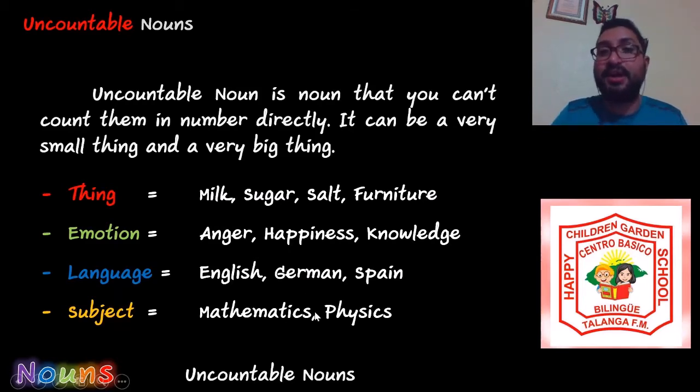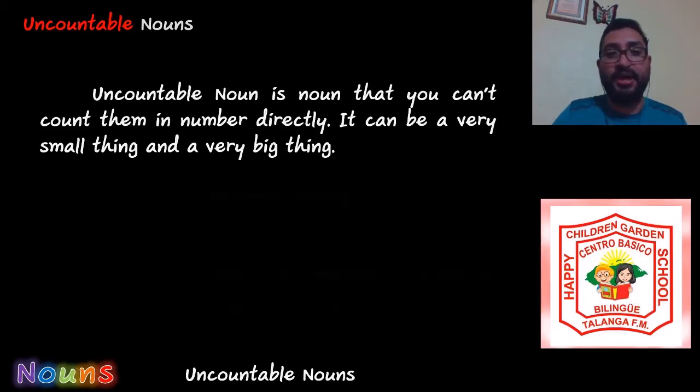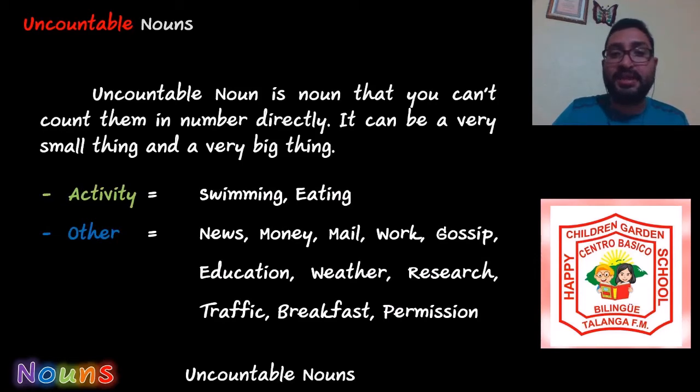Classes are countable nouns because you can say 1, 2, 3 classes. But in this case, the uncountable nouns, or mass nouns, are those you cannot put a number on. So activity, news, money, very, very big things or very, very small things. These are the nouns we are going to be seeing and remembering in our book assignment. This is the first part, and stay with me for the second part.